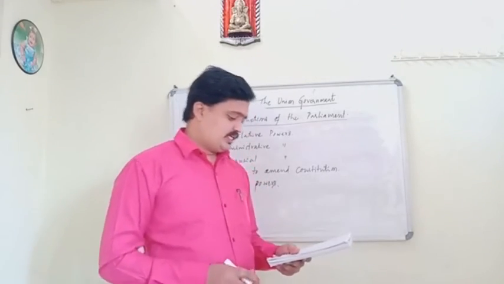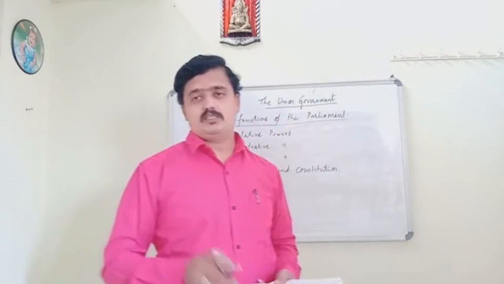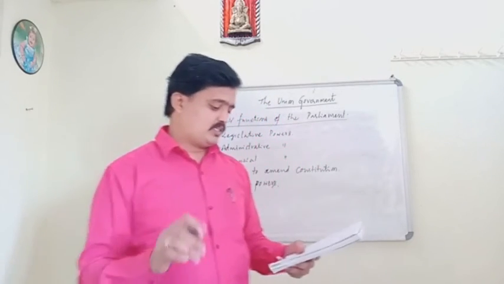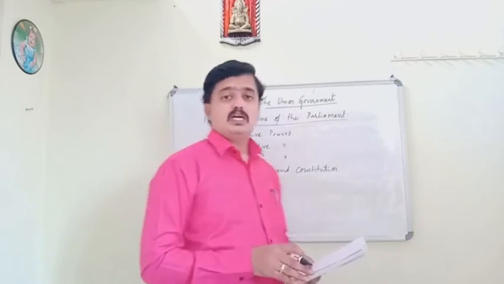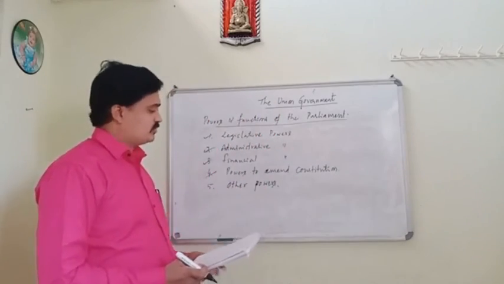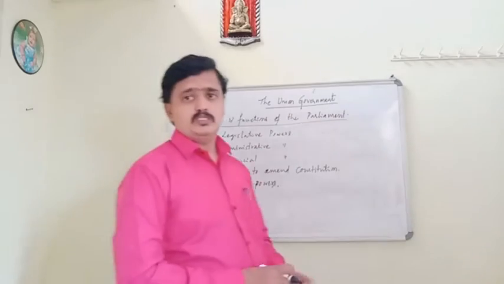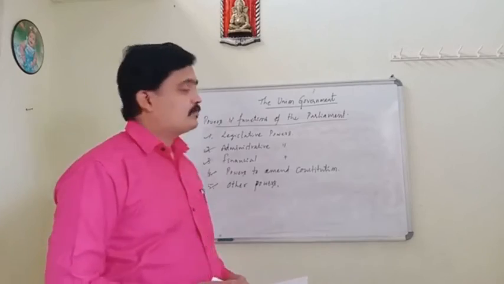Next, in some cases the approval of the state assemblies is also essential here. So these are the powers to amend the Constitution. Later we go to the other powers of the Parliament. Which are the other powers of the Parliament?